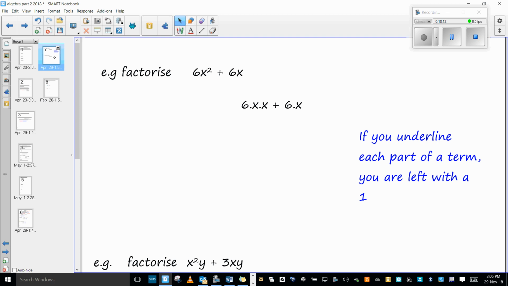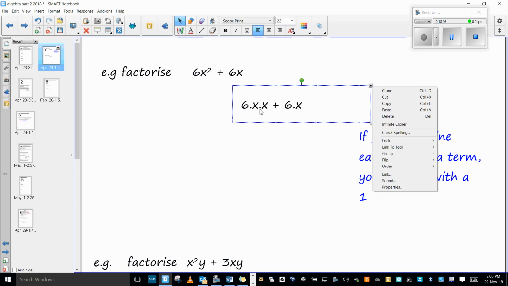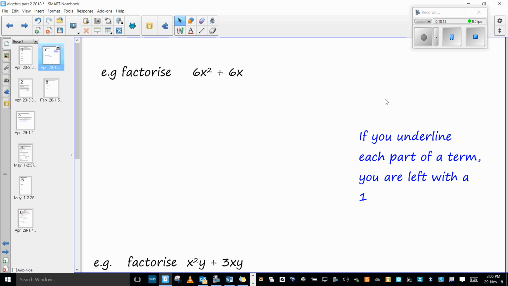Alright, 6x squared. Now, I can see I've got 6 for both of them. So do I need to change the number 6 to be 2 times 3? No, because I can see that I've got that already. But we need to deal with the x's. So 6x squared would mean 6 times x times x.